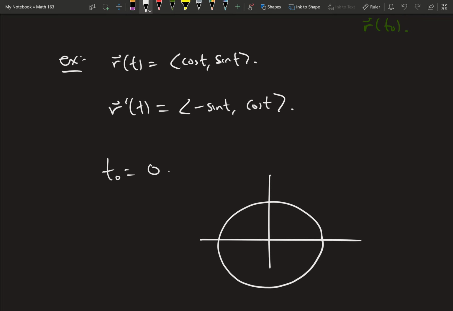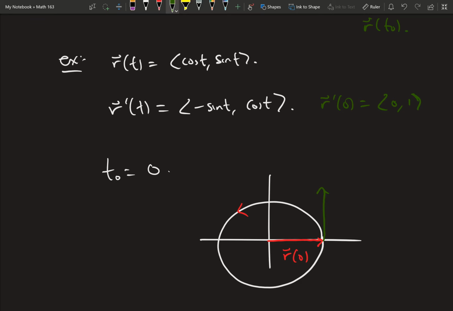So here is our curve, which is oriented counterclockwise in this particular case. So r of 0 is this vector. And the tangent vector, r prime of 0, is 0, 1. And if you draw that, you get a vector right here. So this vector is tangent to the curve.